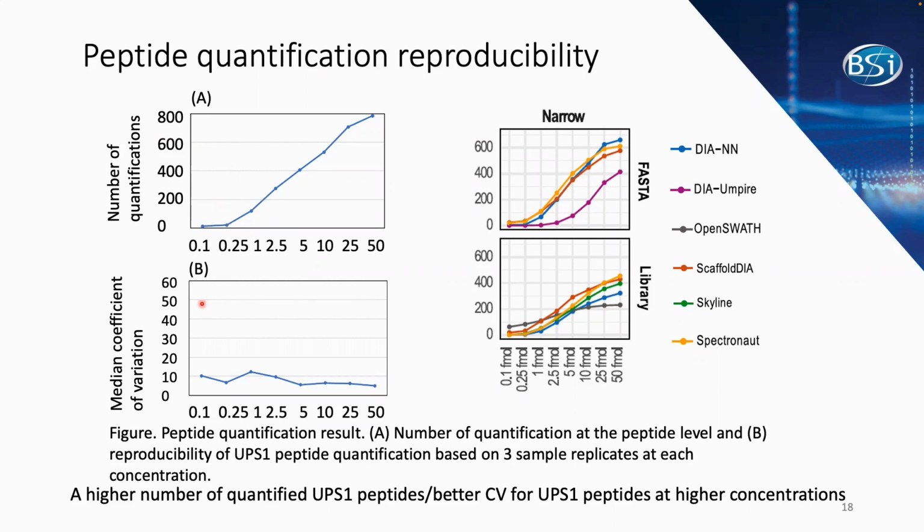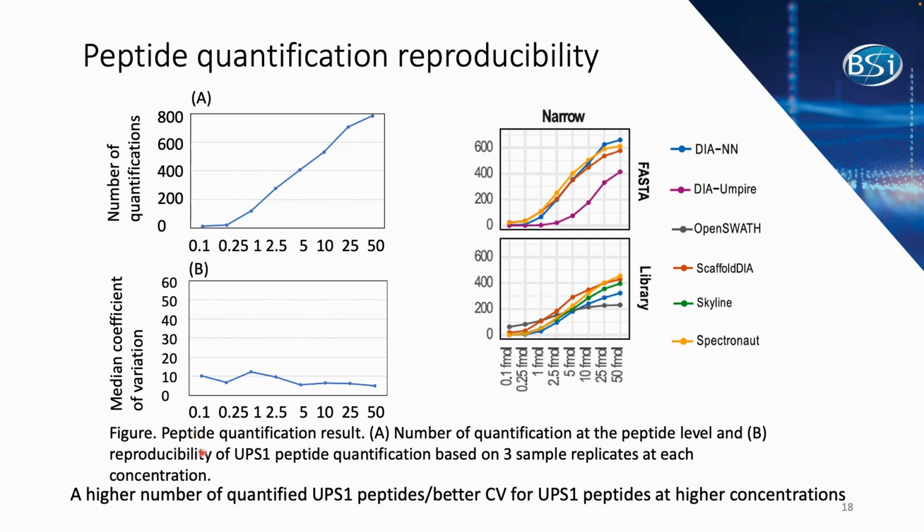And then the coefficient of variation, the CV, based on the 3 replicates, was calculated for each quantified UPS1 peptide at each concentration. And the median CV across all quantified UPS1 peptides at each concentration is plotted in the bottom left figure. As expected, a higher number of UPS1 peptides were quantified as the concentration increases.